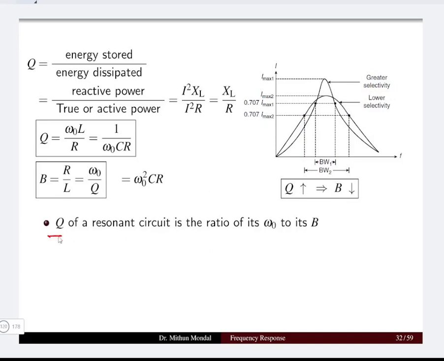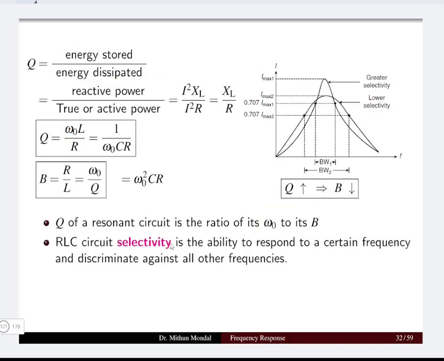So the quality factor of a resonant circuit can be defined from the energy stored by energy dissipated, or as the ratio of the resonant frequency to the bandwidth. And the selectivity that we are talking about here, greater selectivity and lower selectivity, what is the selectivity of the RLC network? It is the ability to respond to a certain frequency and discriminate against other frequencies.